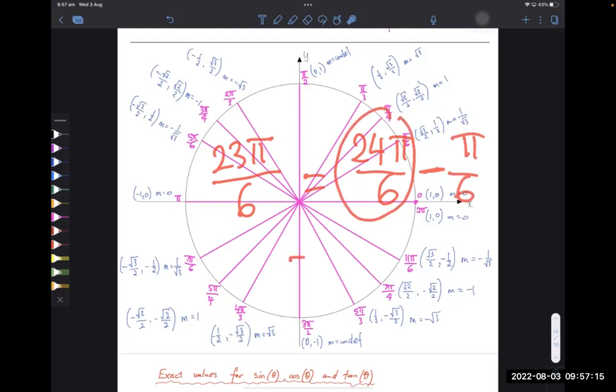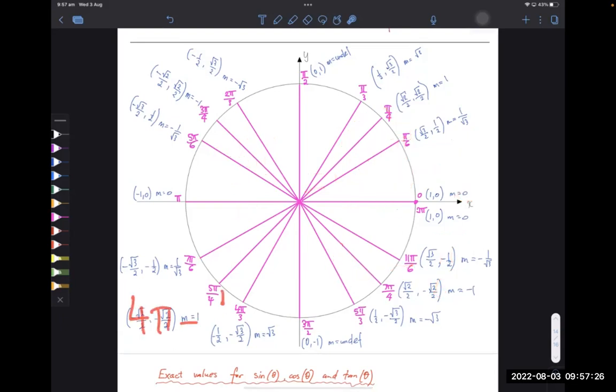What's 24 pi on 6 the same as? 4 pi minus pi on 6, yeah? Where's 4 pi located? Keep that in mind. 4 pi minus pi on 6. 4 pi is located on the right. If you're subtracting pi on 6, which way are you going? Clockwise by how much? Pi on 6. This is where, what did we say? 23 pi on 6 is located.